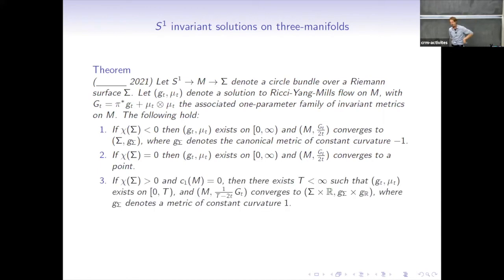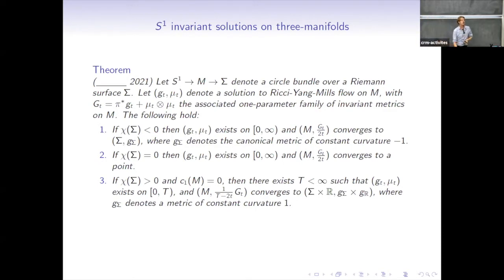But then for positive genus, we see something really new and interesting, where the topology of the bundle plays a decisive role. So if Euler characteristic is positive, but the first Chern class of the bundle is 0, so the bundle is trivial, then it will have a finite time singularity.